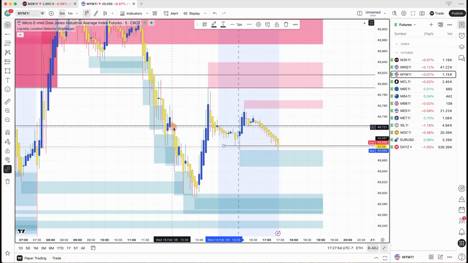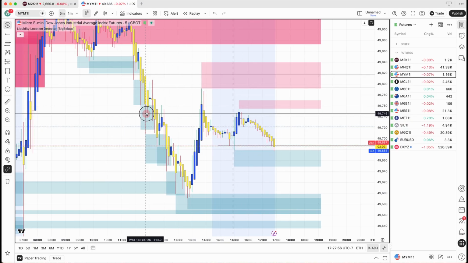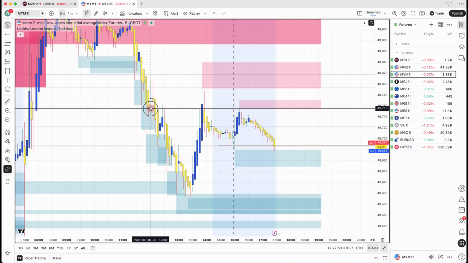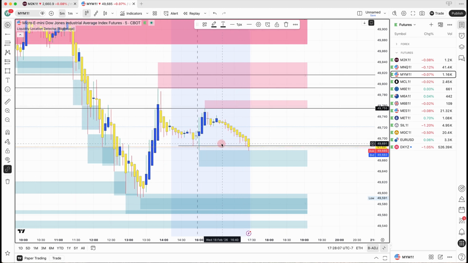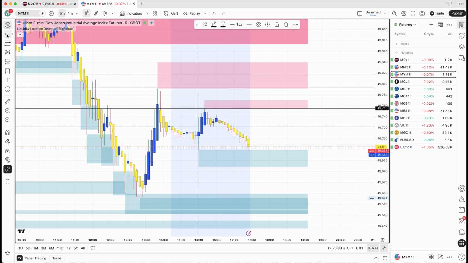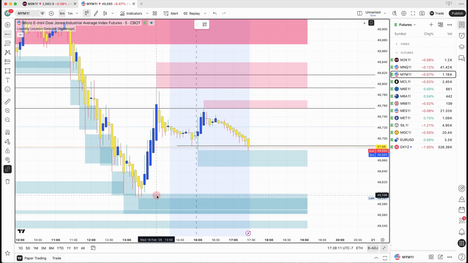That line is an old line. There's our high from today's session, or the current session. And here's another low way down here from the New York session.